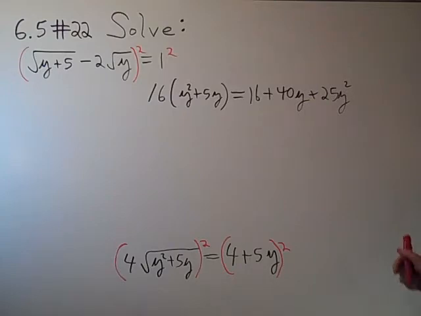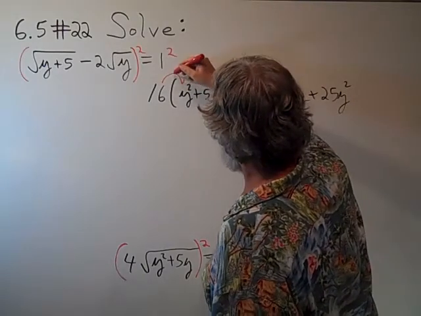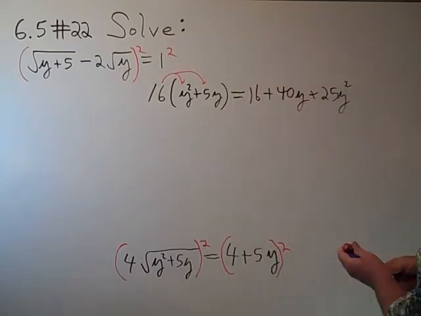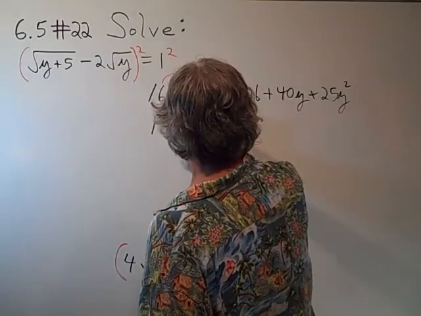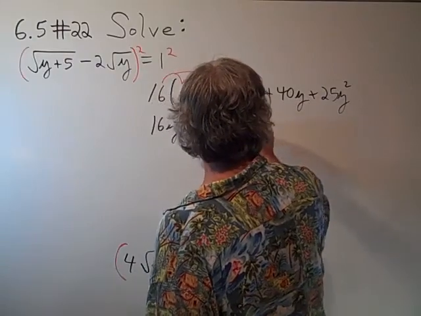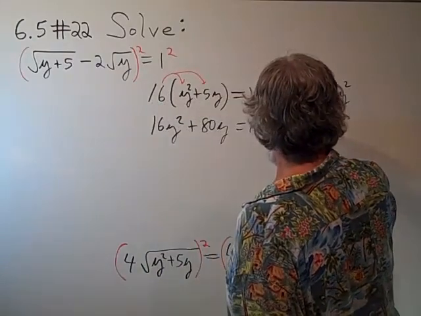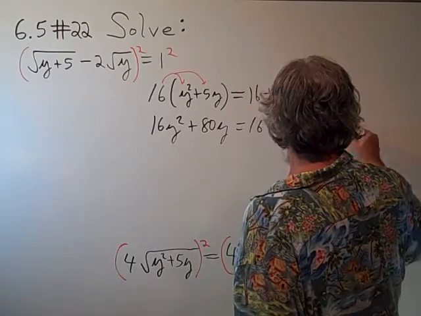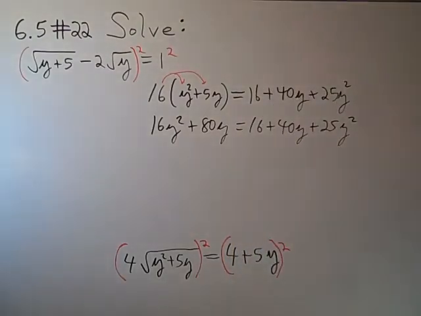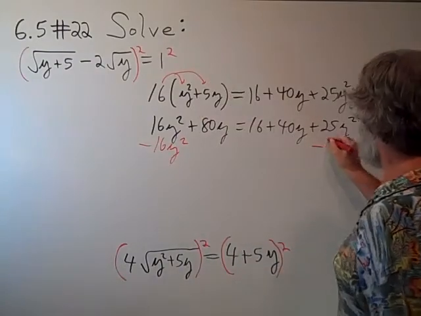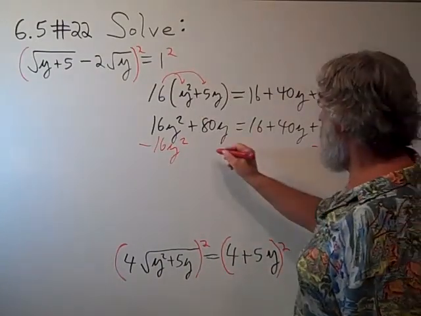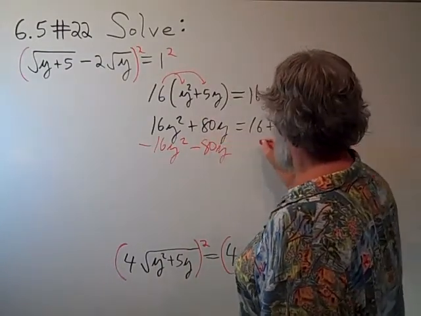Now we distribute the 16 on the left, and this becomes 16y squared plus 80y. No changes on the other side. Okay, now we subtract 16y squared from both sides, and also 80y from both sides.